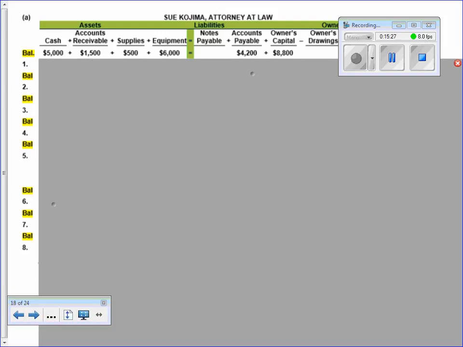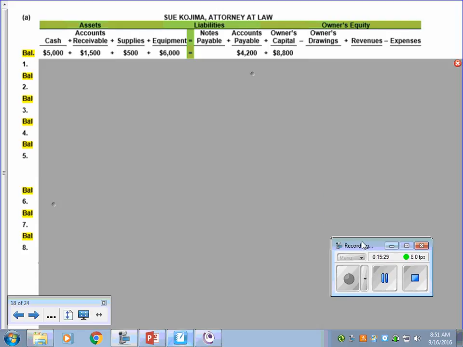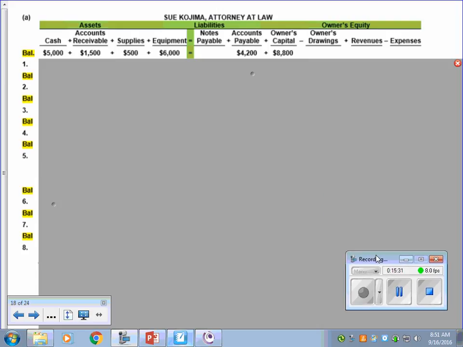Are all of the balances in there for you? Do you have all the balances in? Okay, let's analyze for just a minute. We're doing okay with assets, aren't we? We've got a pretty healthy asset lineup. We're worth $8,800. So this business isn't new.